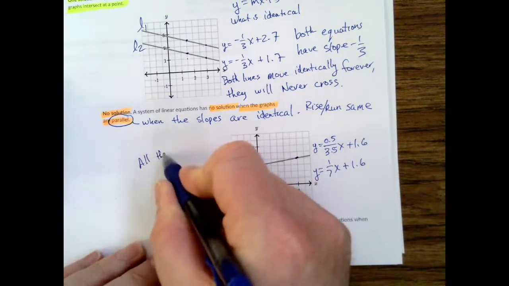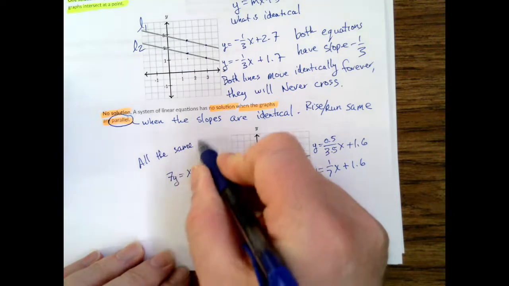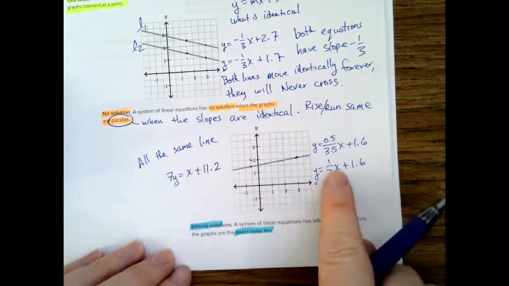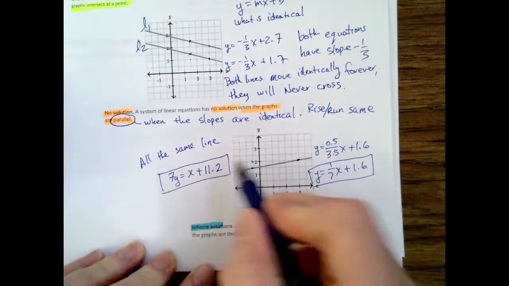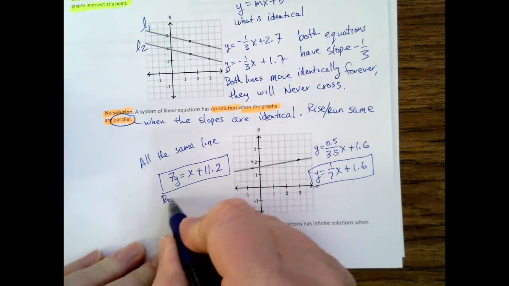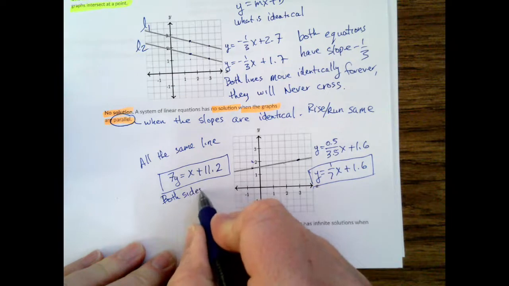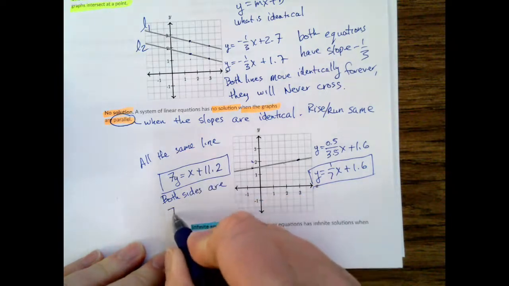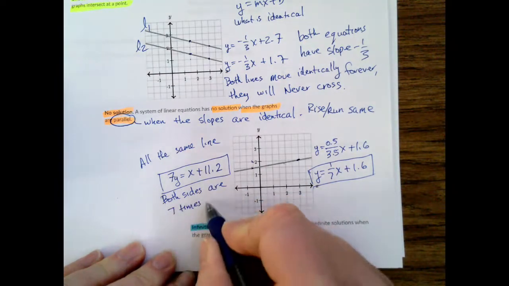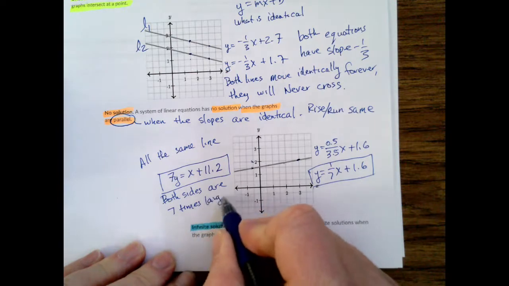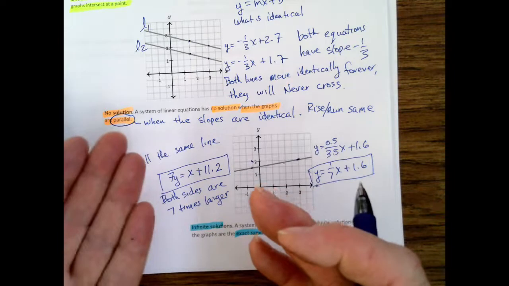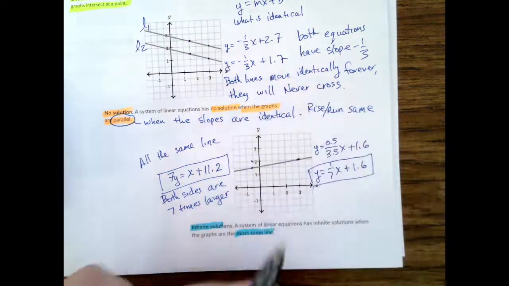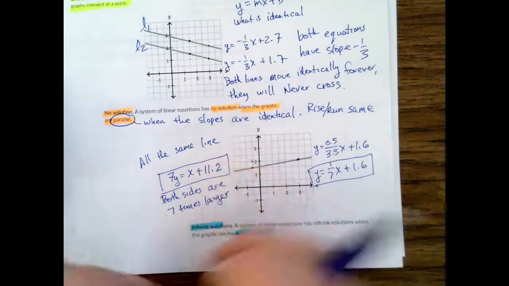All the same line. The only difference between this line and this line is both sides here are 7 times larger. But that keeps it balanced, because if I multiplied the left side by 7 and the right side by 7, yes, they look different, but they're exactly the same.